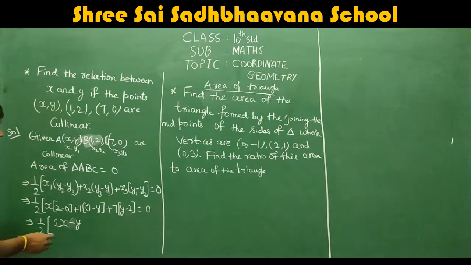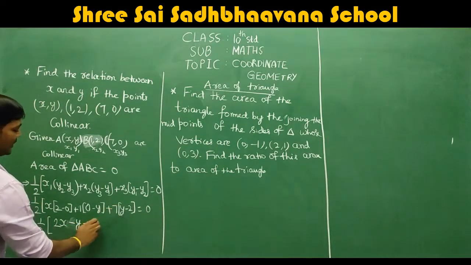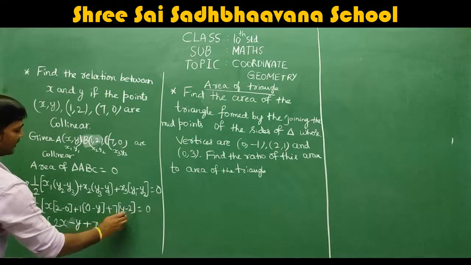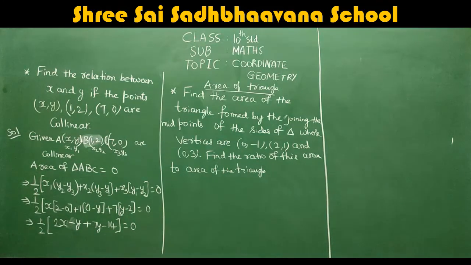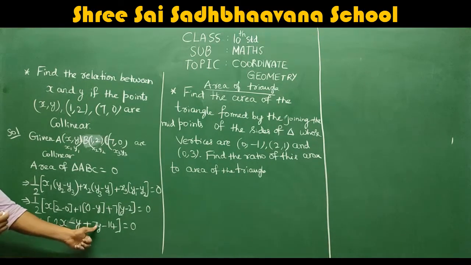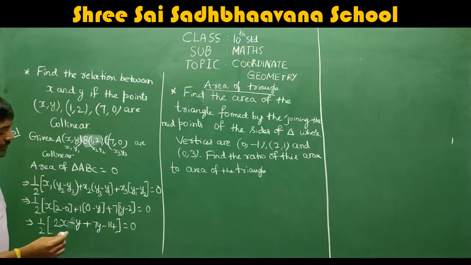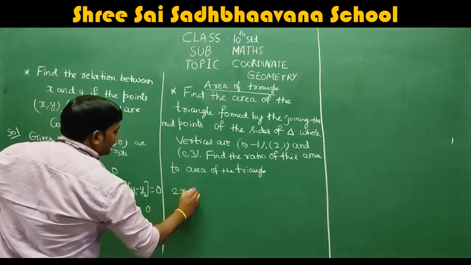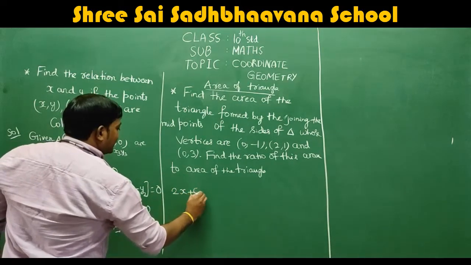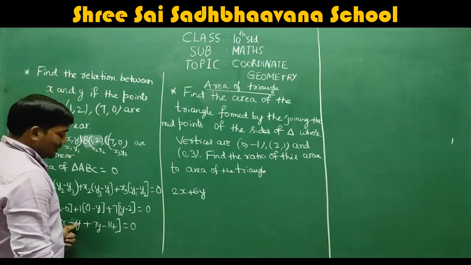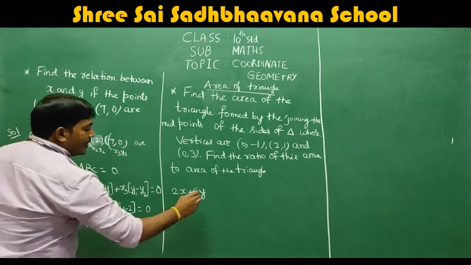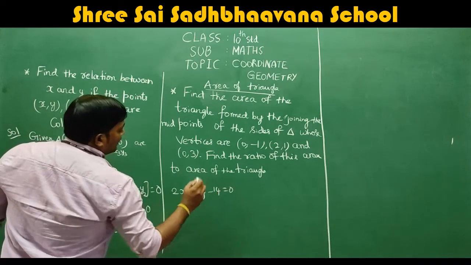So 1 into minus y is minus y, plus 7 into y, 7y, minus 14 equal to 0. I hope you understood this simplification part. Still we can simplify. See here, 7y minus y, so I'll write here 2x plus 6y. Remember, 7 minus 1, that is not minus 7 plus 1. So 2x plus 6y minus 14 is equal to 0.